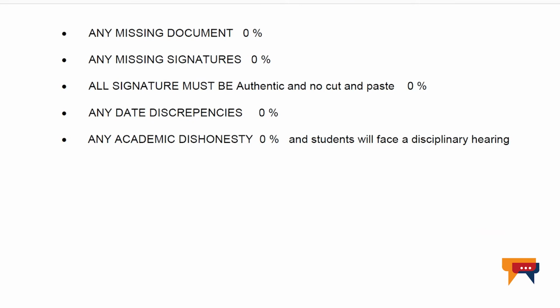The confirmation dates on your confirmation letter and the dates in your attendance register should be aligned. They should be the same. If we detect any academic dishonesty, it is also a 0, and you as a student will face a disciplinary hearing.